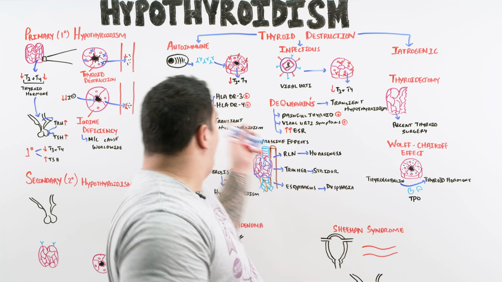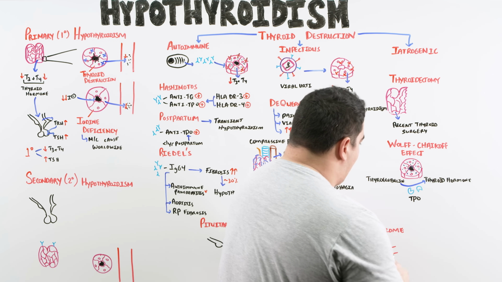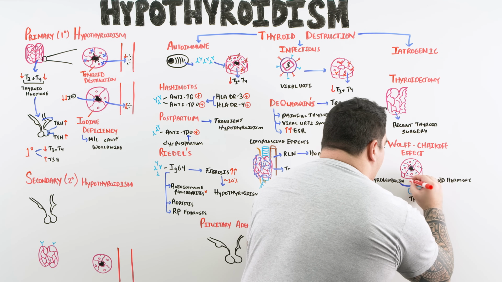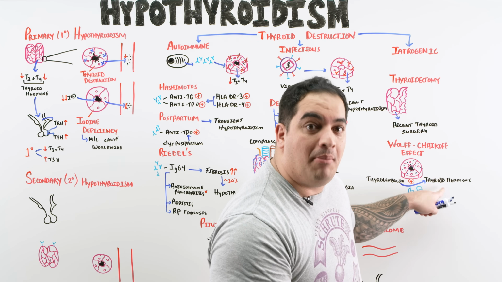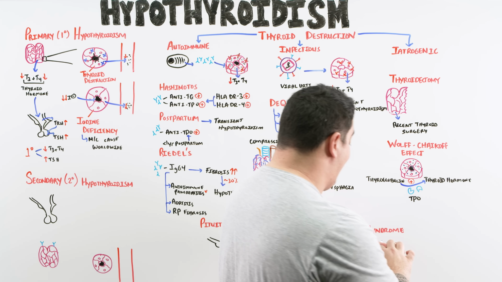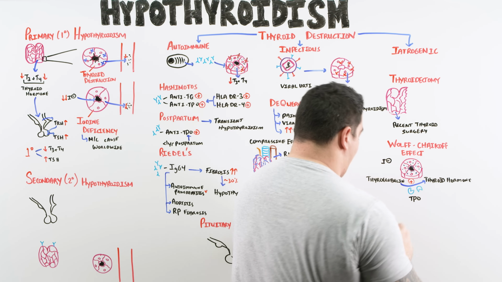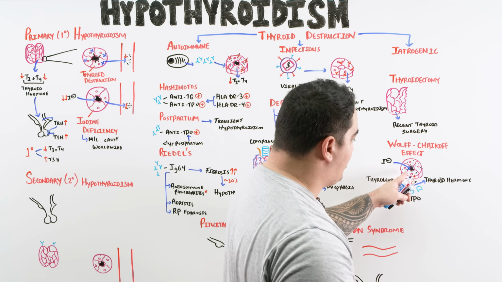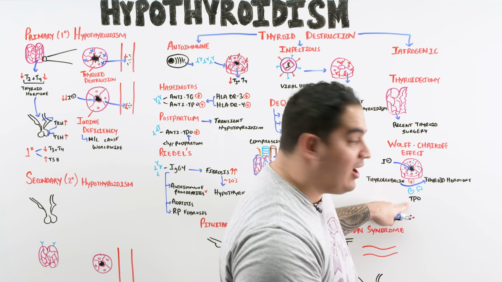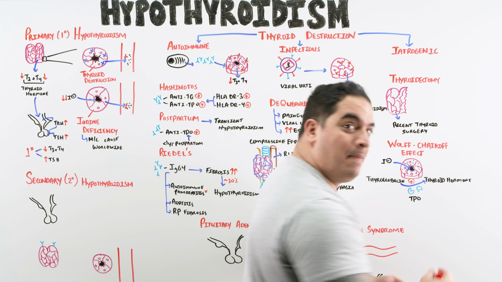That's the same one that you have antibodies against in Hashimoto's and postpartum. This enzyme is supposed to stimulate the conversion of thyroglobulin into thyroid hormone by adding what into it? It adds iodine into the mixture. So if iodine is added into the mixture in the presence of thyroid peroxidase, it will stimulate the formation of thyroid hormone.